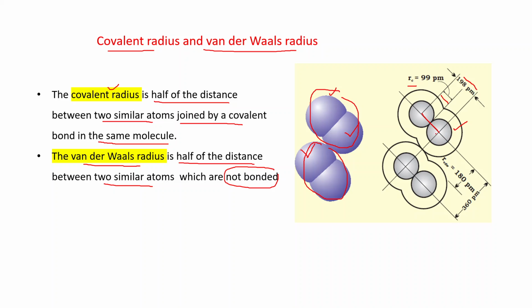Now if we consider the nucleus of this atom and the nucleus of this atom, this distance is again an internuclear distance, but in this case the atoms are not bonded, and half of it is called, sorry, van der Waals radius. From this diagram you can clearly see that van der Waals radius is always greater than covalent radius.